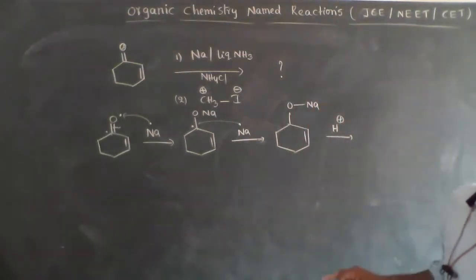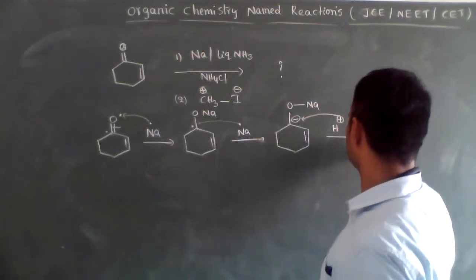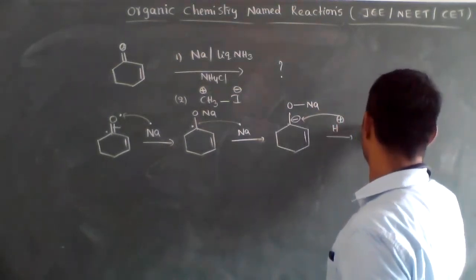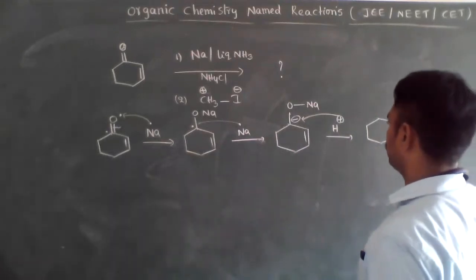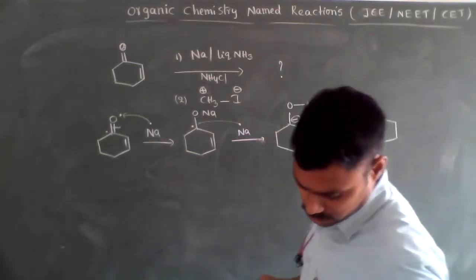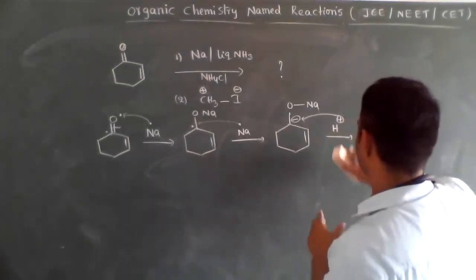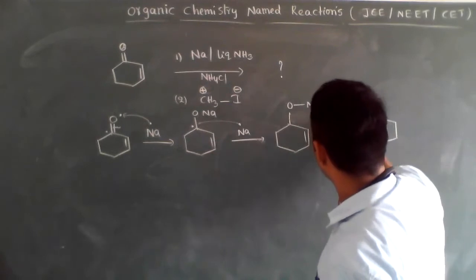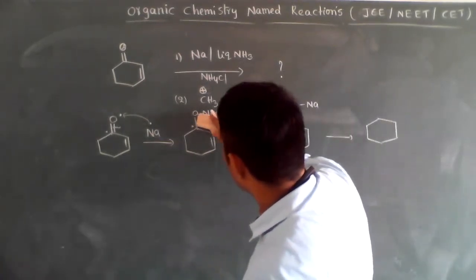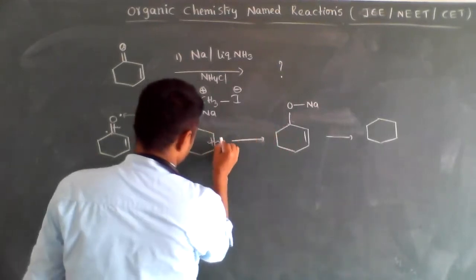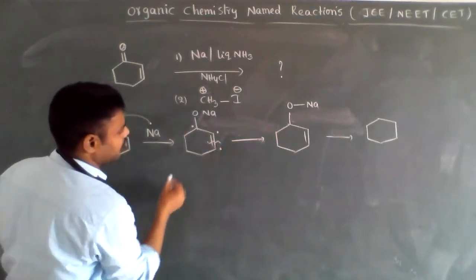Followed by hydrolysis, to extract this H plus ion. Now the double bonded electrons will migrate.